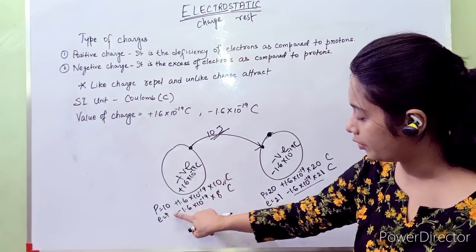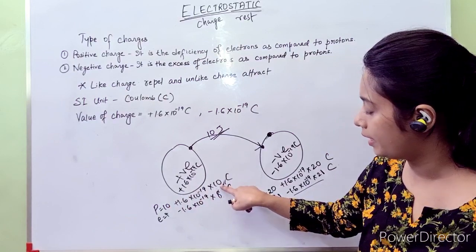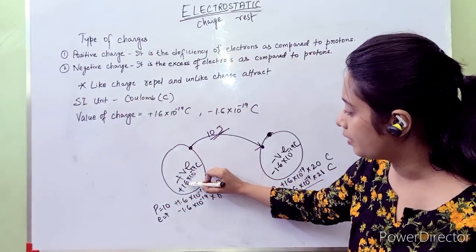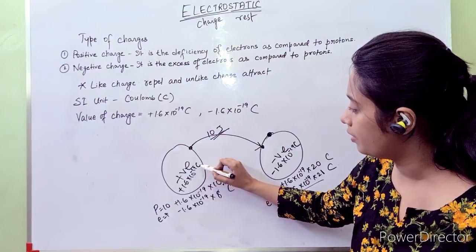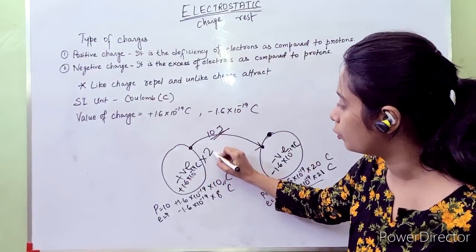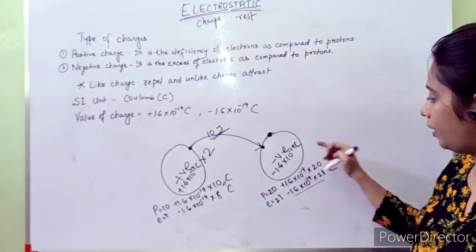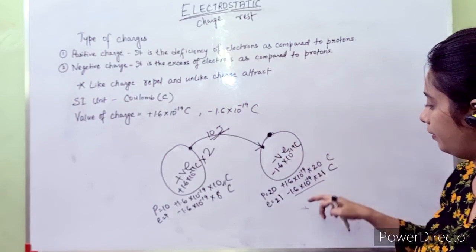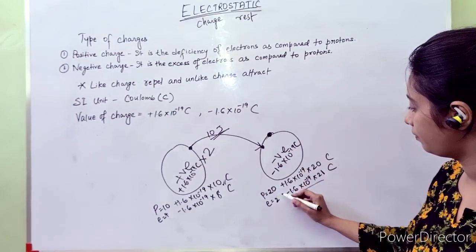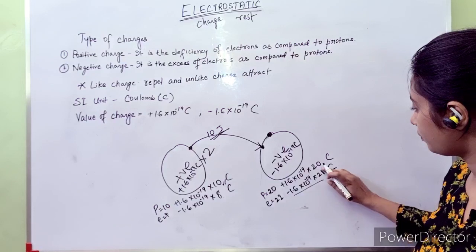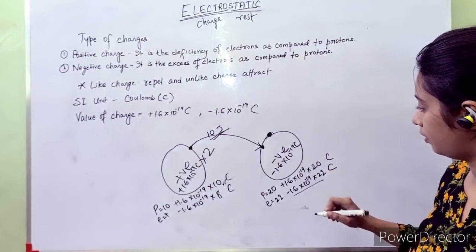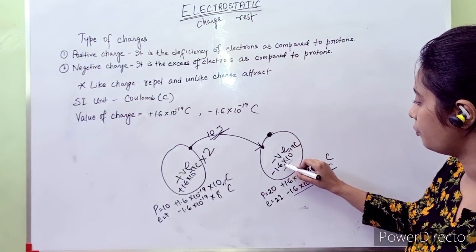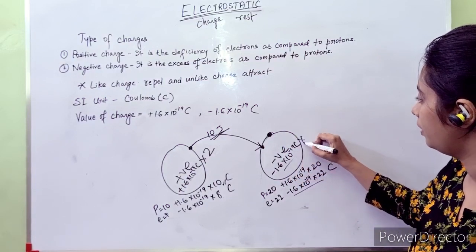See, electron number is 8, proton number is 10, so the charge of this atom will be 1.6 into 10 to the power minus 19 coulomb into 2. And this one, since 2 electrons have jumped onto this atom, the electron number will become 22, and the overall charge on this atom will become minus 1.6 into 10 to the power minus 19 coulomb into 2.